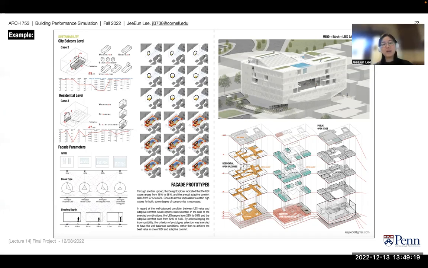We tried to do the large scale one first and then go deeper and deeper, so that we didn't run hundreds of simulations. We tried to control the number of simulations, but still get very useful information out of them.